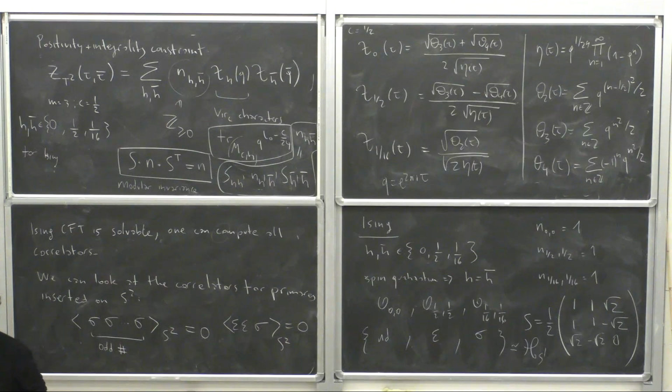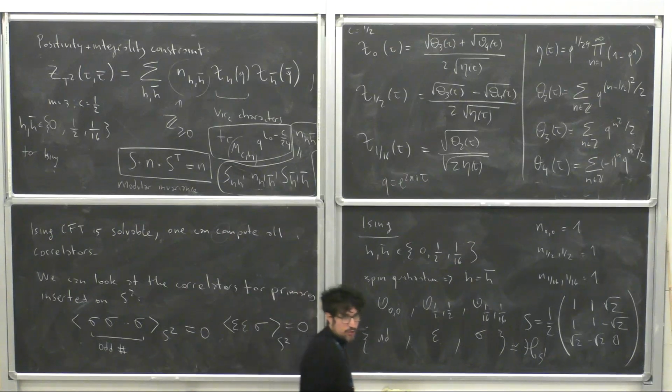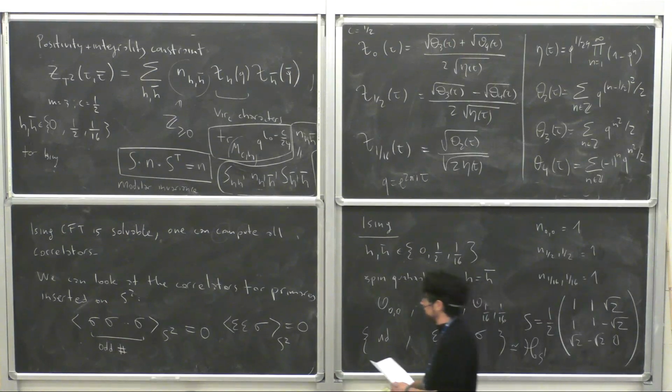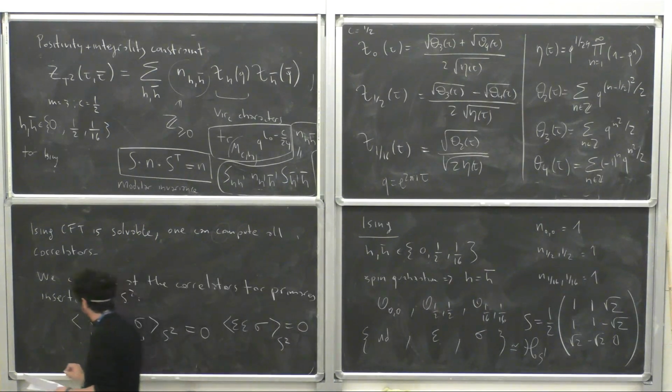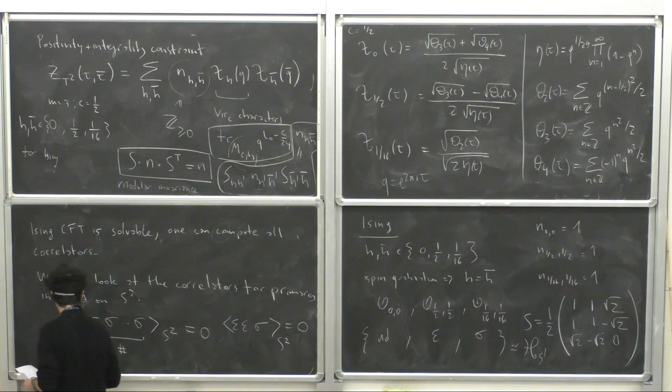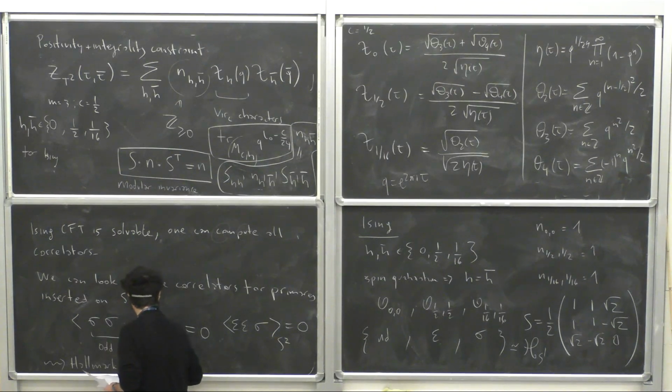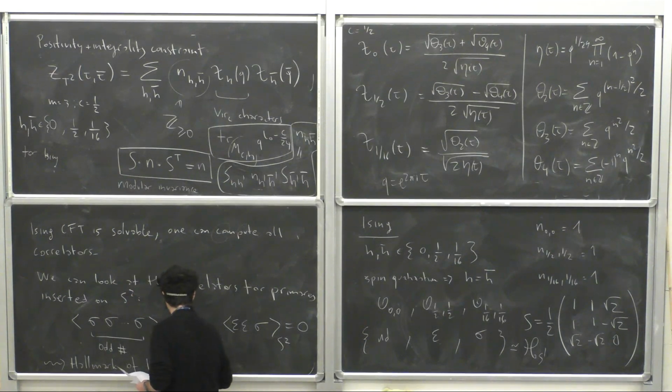So this is the hallmark, when you have some correlators that vanish, of a Ward identity. There must be some symmetry that protects them, that sets them to 0. So this is a hallmark of a Ward-Takahashi identity.